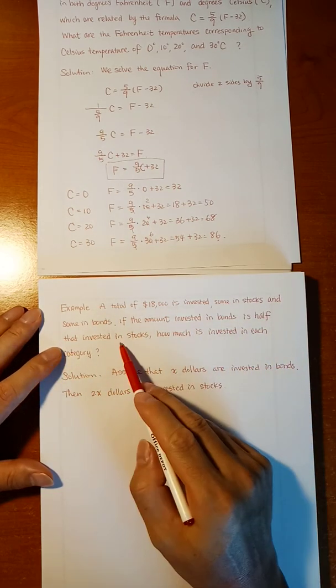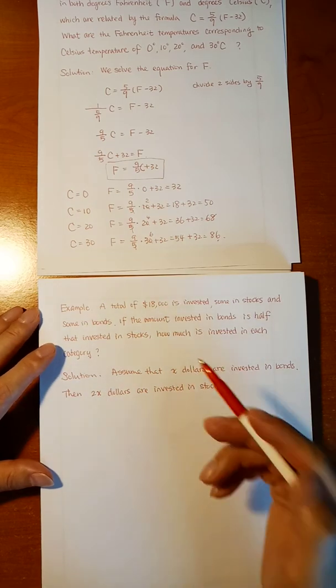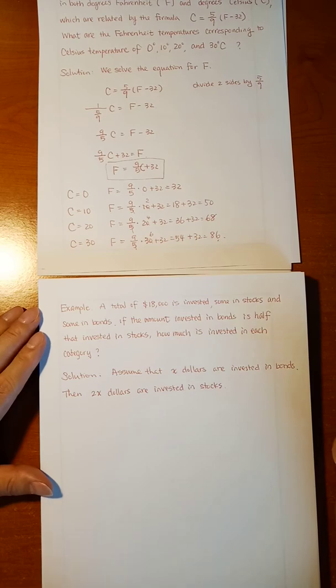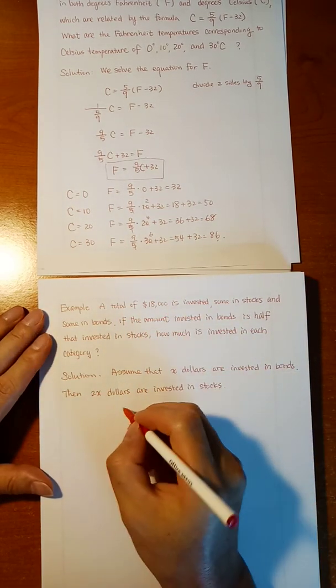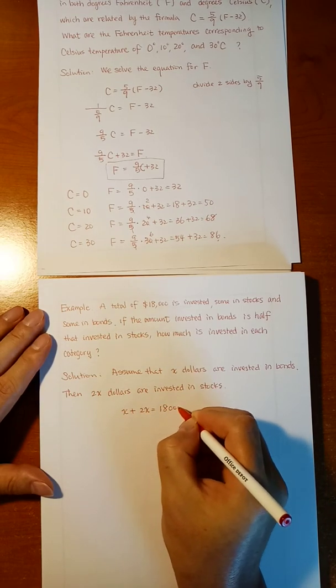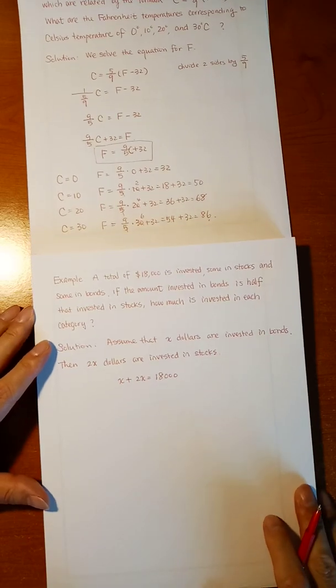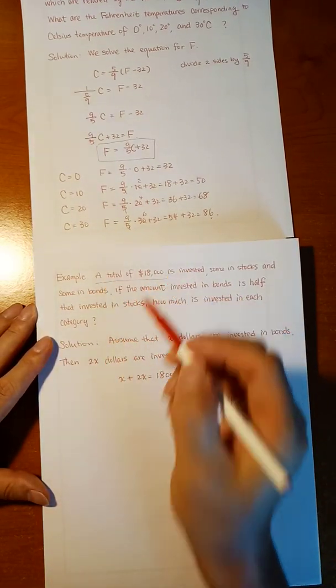The bonds are a half of the stocks. So bonds is x, and the other one will be double. Then the total is 18,000, so x plus 2x is 18,000. That is a condition from the first sentence.